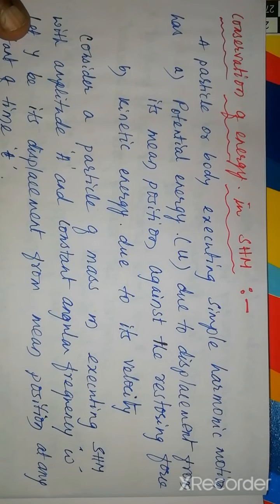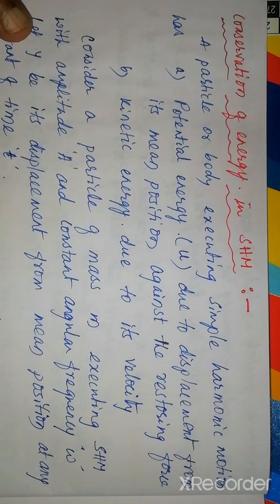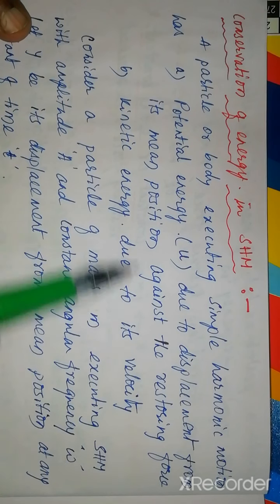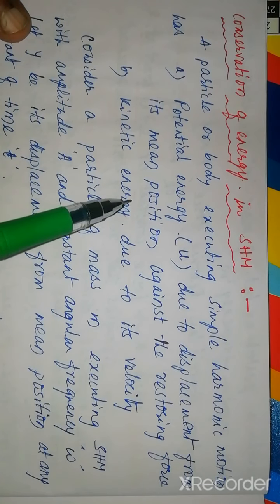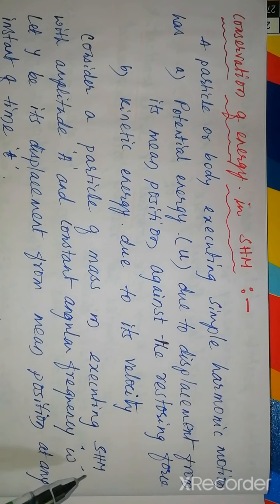Conservation of energy in simple harmonic motion. A particle or a body executing simple harmonic motion has both potential energy due to displacement from its mean position against the restoring force, and kinetic energy due to its velocity. Consider a particle of mass m executing simple harmonic motion with amplitude a and constant angular frequency omega.